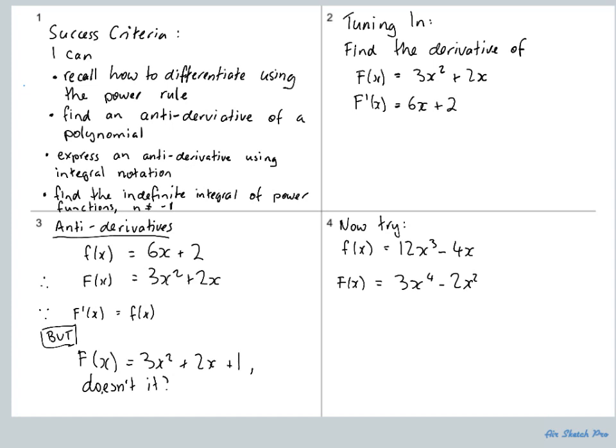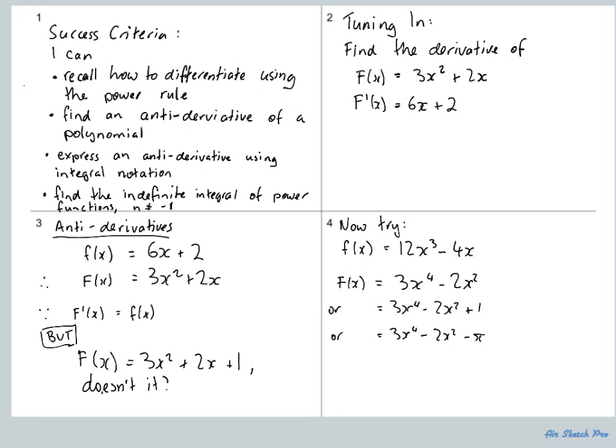If you had 3x to the power of 4 minus 2x squared plus 1, you'd be right. Or if you had 3x to the power of 4 minus 2x squared minus pi, you'd be right. All of those would be right because it doesn't matter what that last term would be.